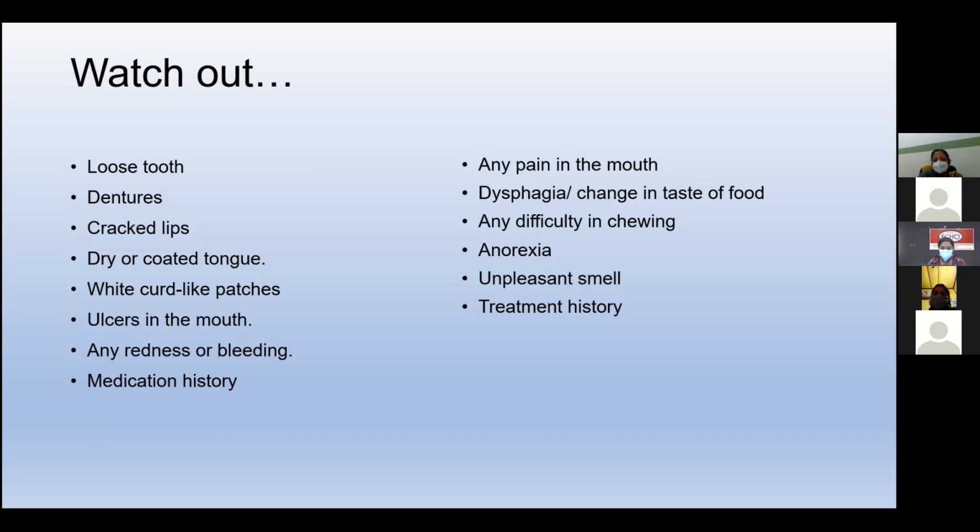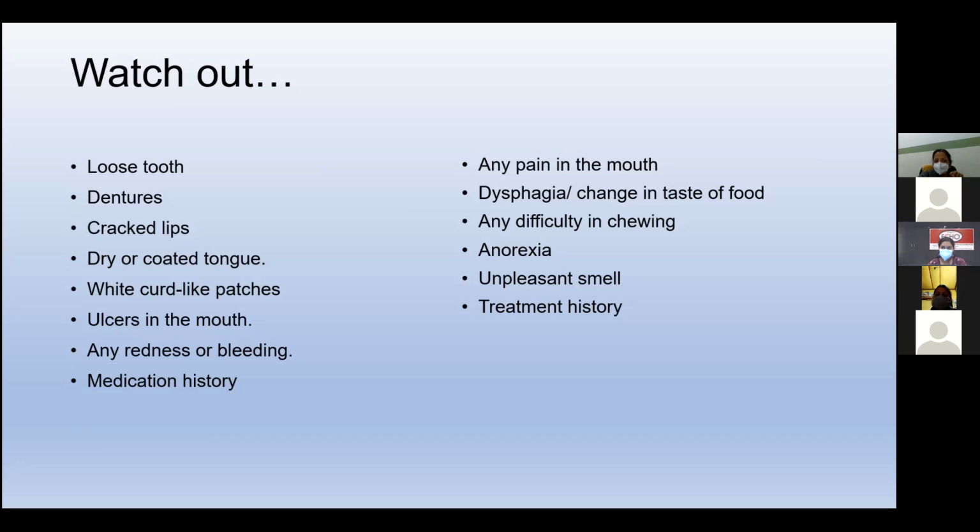Also check whether there are cracked lips, or a coated tongue. If so, how is it coated, whether there are cord-like patches or any ulcers, whether the patient is having any bleeding from the gum, or any discoloration of the teeth.